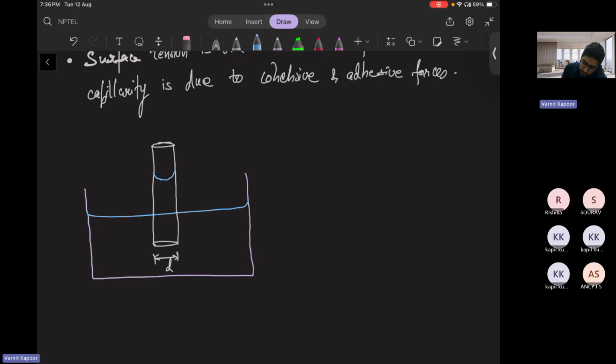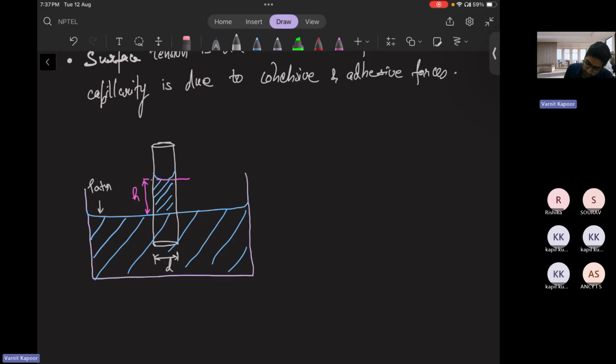Your liquid has risen up by some height h, let us say. There is P atmosphere acting on this liquid because it is open to atmosphere.